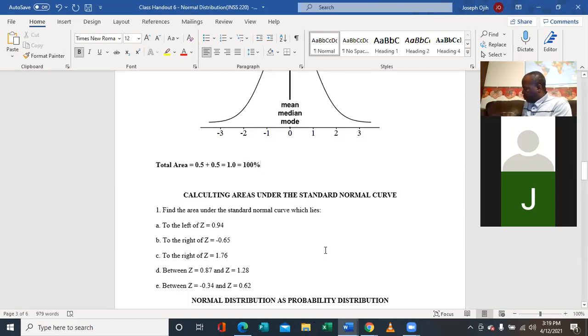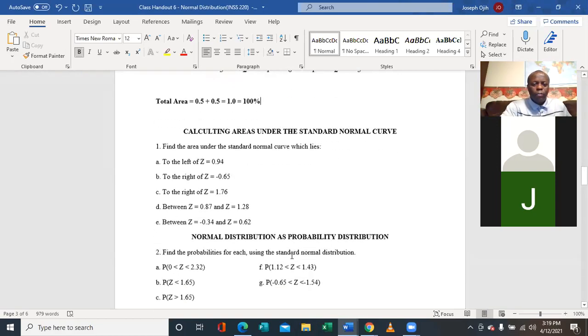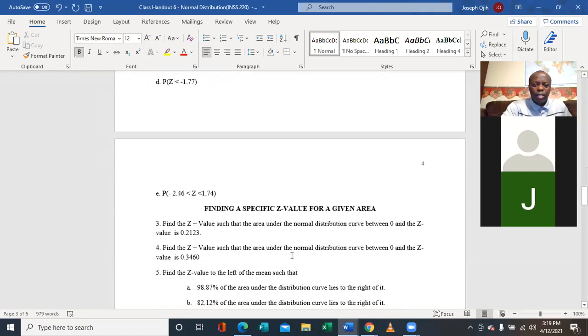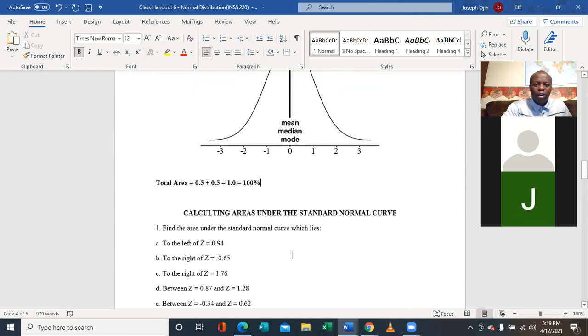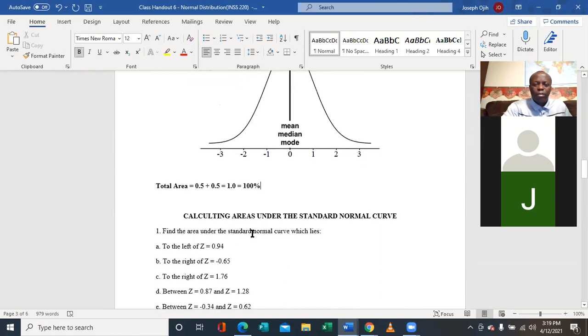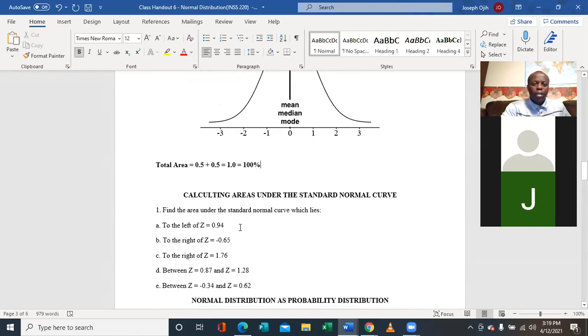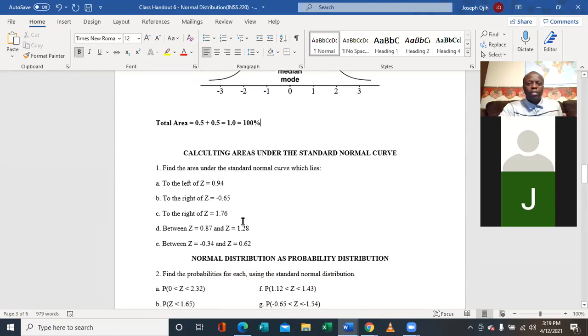Now let's see. For this class, our interest will be in how to find the area under the standard normal curve. So the first step is to draw the curve.